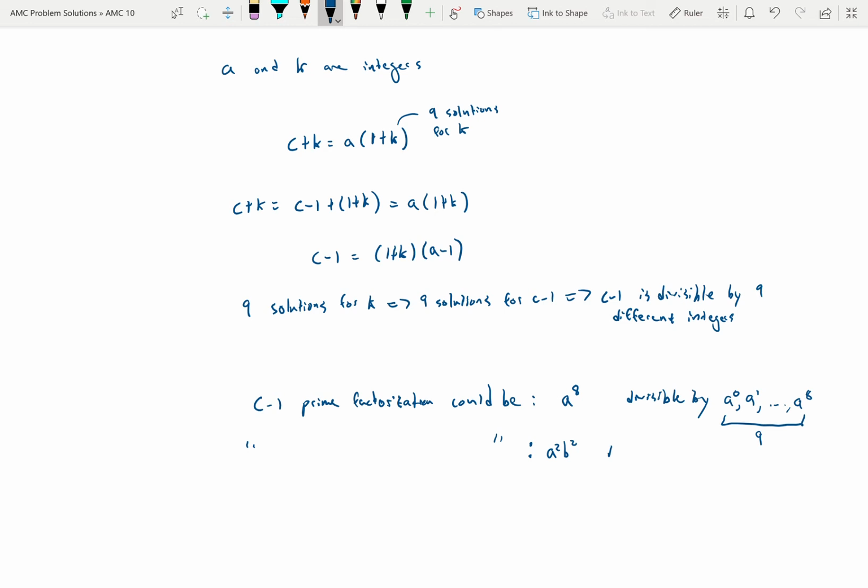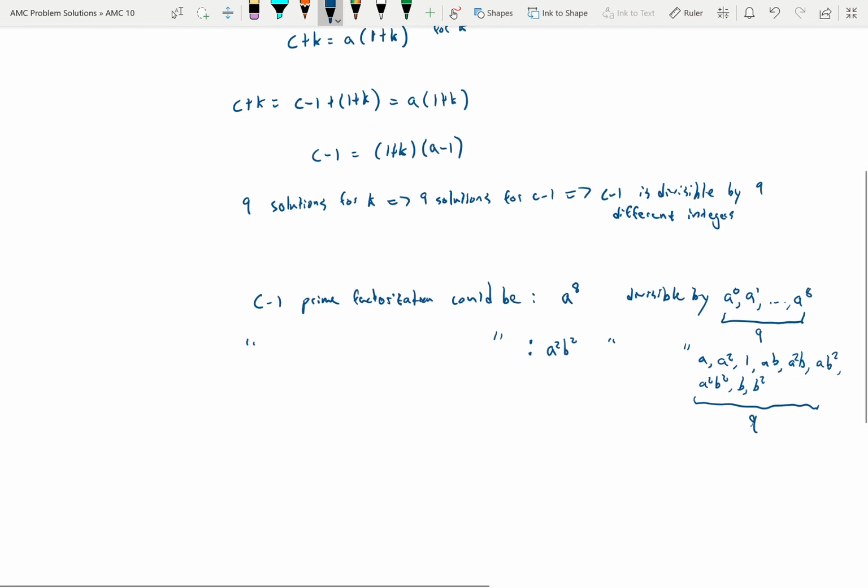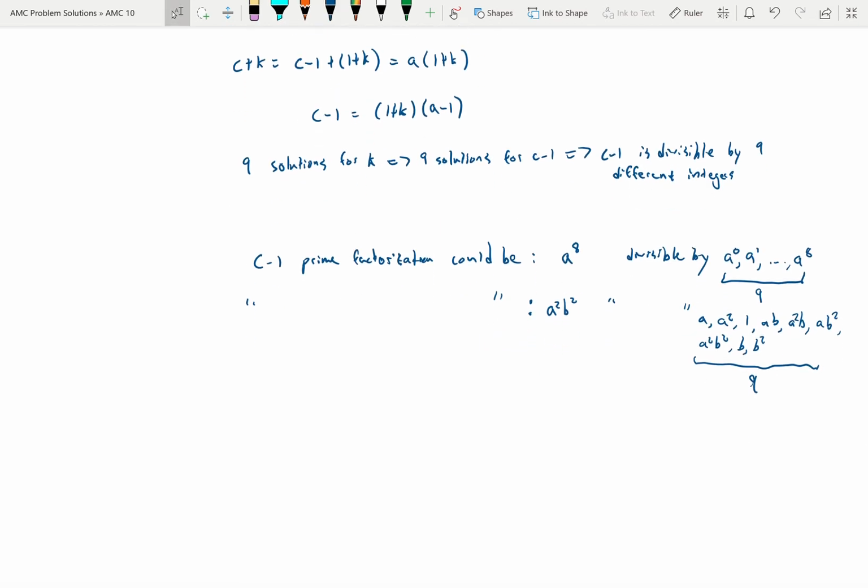And that is divisible, I'm just going to do quote marks there, by 1, a, a squared, b, ab, a squared b, b squared, ab squared, a squared b squared. So 1, 2, 3, 4, 5, 6, 7, 8, 9. So 9 there. Those are the only prime factorizations that are going to work.